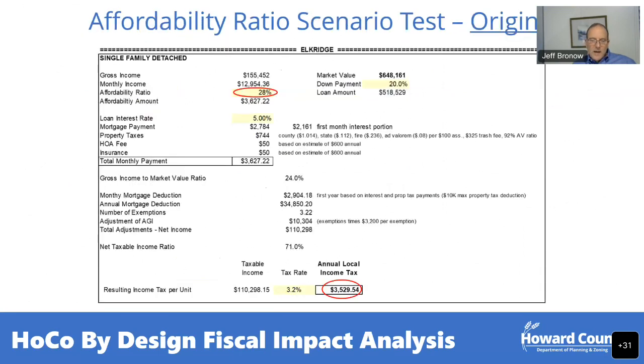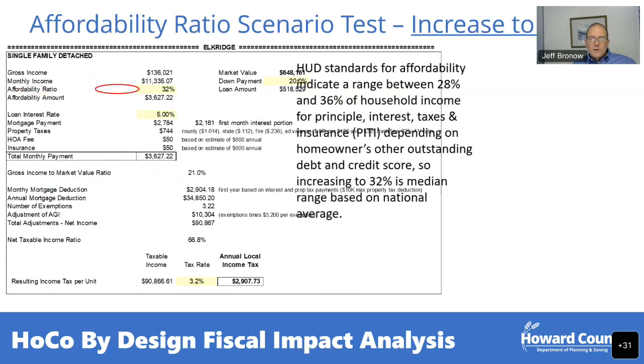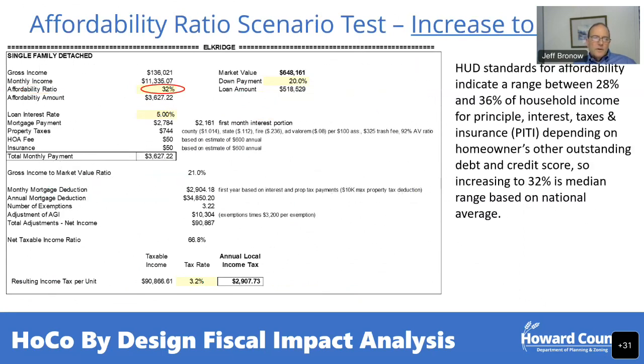So if I go back here, it had been $3,500 in the original, and now it drops to $2,900 because the higher affordability income ratio results in a gross income change. So the HUD standards for affordability indicate a range between 28 and 36% of household income, and that includes principal, interest, taxes, and insurance. And so that's what this part here calculates.